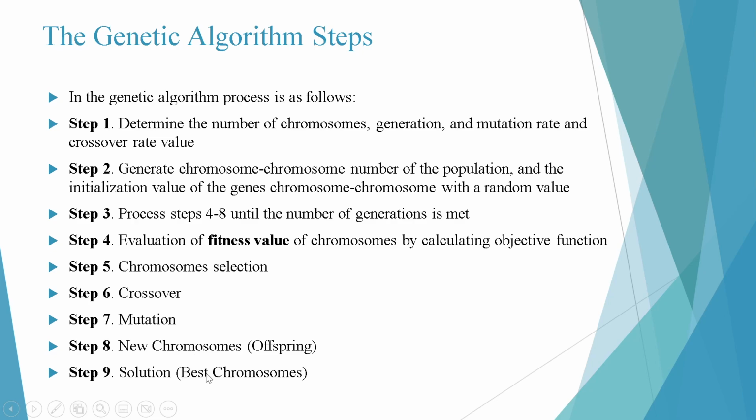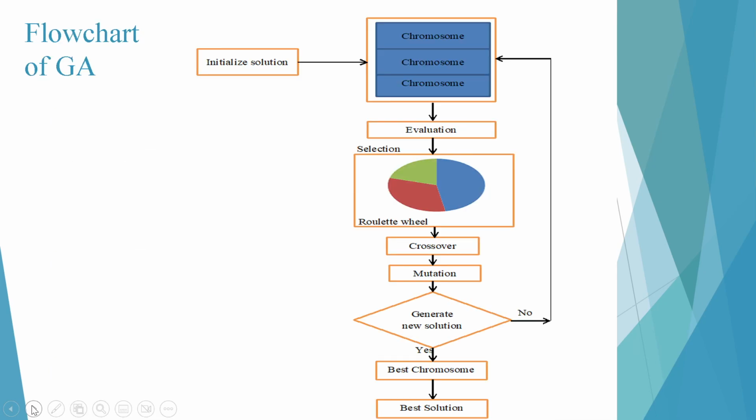Then we get the solution, which is the best chromosome. The process is repeated until the stopping criteria is met. This is the flow chart for the genetic algorithm. First of all, we initiate the solution by generating the chromosomes.